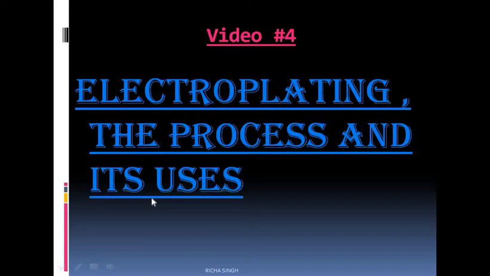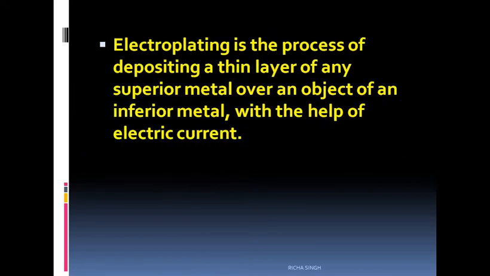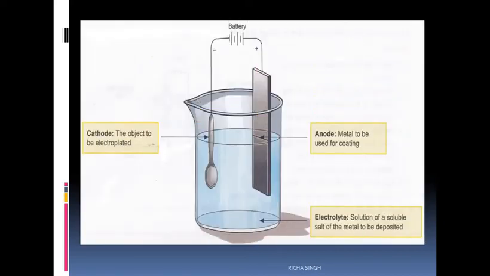Let's see the process in detail. Electroplating is basically done to give a shiny look to the object, to prevent it from rusting and to increase its life. The basic setup for electroplating is in the slide.